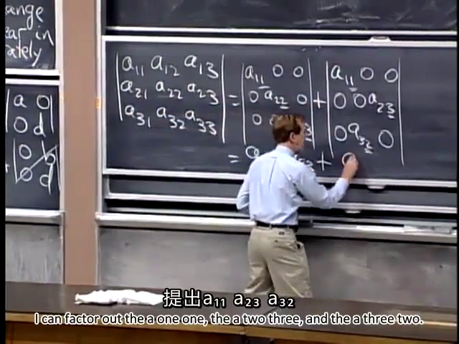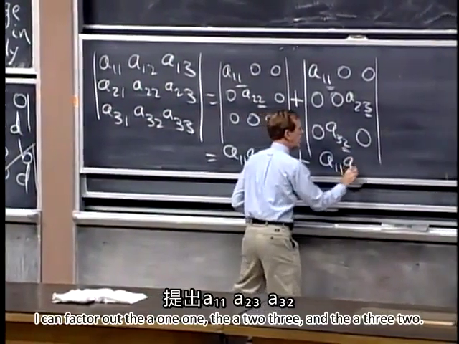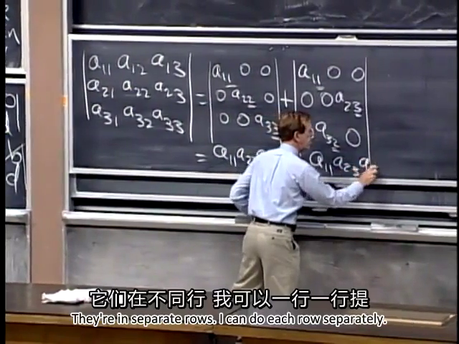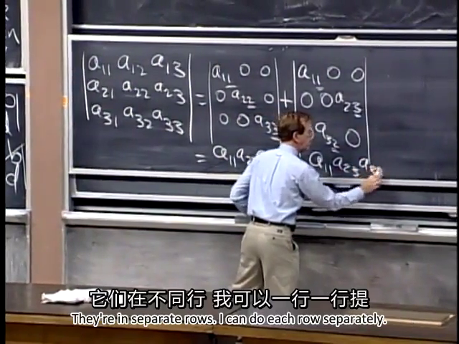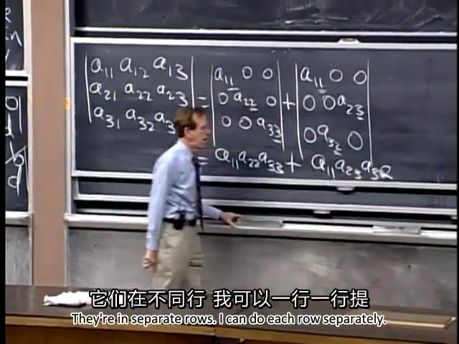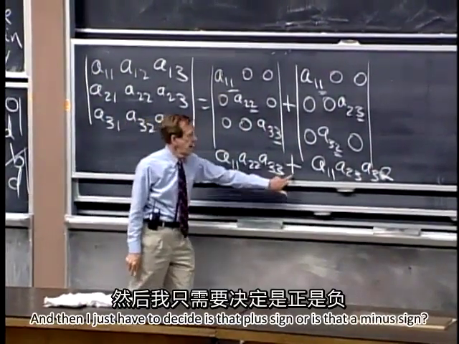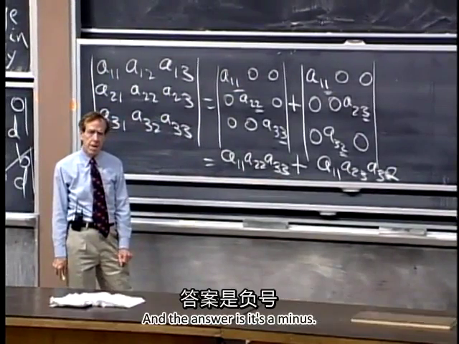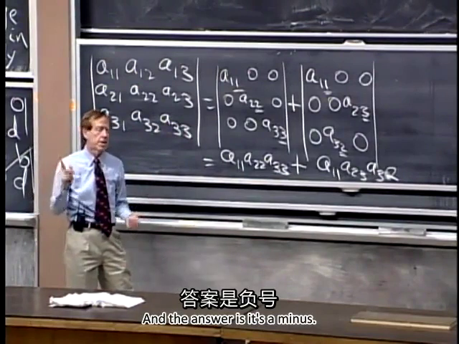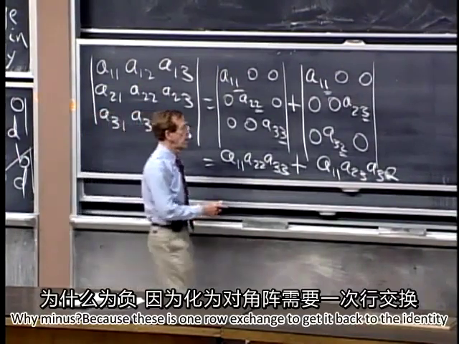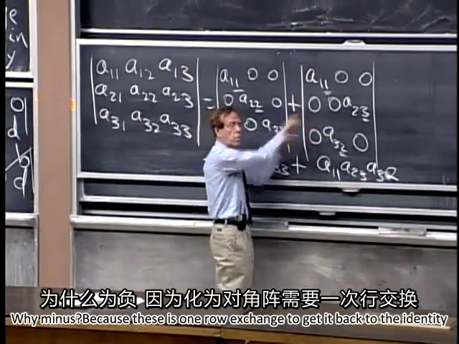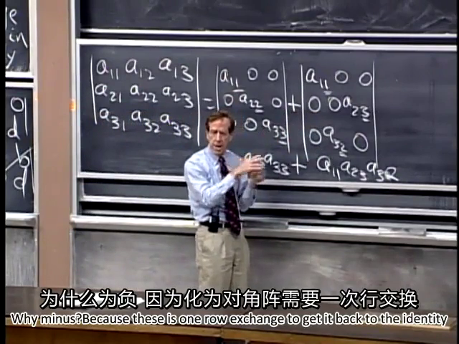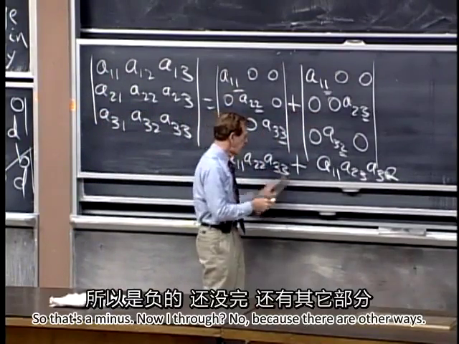I can factor out the A11, the A23, and the A32. They're in separate rows, so I can do each row separately. And then I just have to decide, is that a plus sign or a minus sign? And the answer is it's a minus. Why minus? Because there is one row exchange to get it back to the identity. So that's a minus.